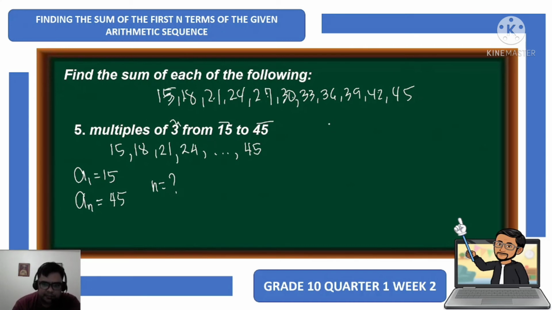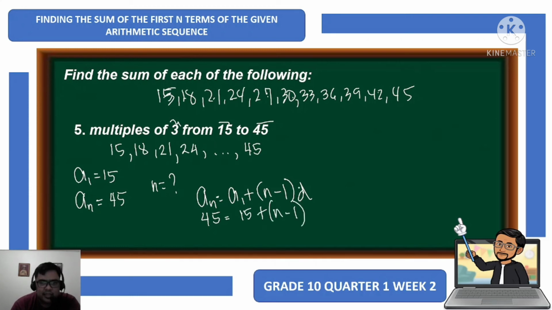Or, just simply first, use the general term. A sub n is equal to A sub 1 plus n minus 1 times d para makasigurado. Okay, we know that A sub n, last term is 45. That would be equal to A sub 1 is 15 plus n minus 1 times, we know that the common difference in this example is 3.